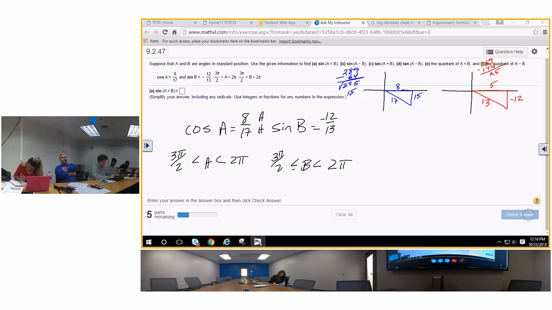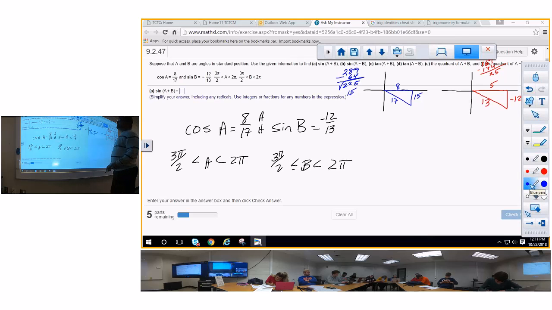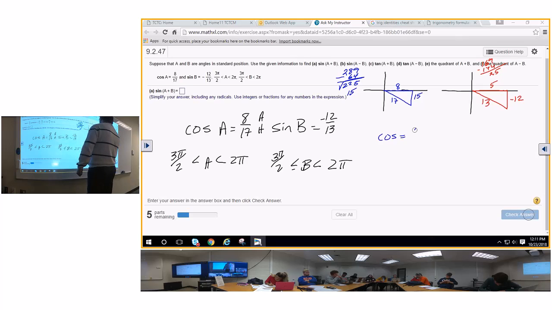Yep. So I'm going to take my cosine right here. Cosine equals 8 over 17. Sine is equal to opposite over hypotenuse, which would be 15 over 17. Tangent is opposite over adjacent, 15 over 8.